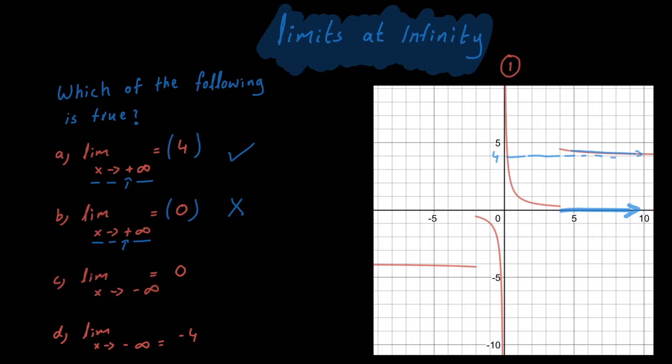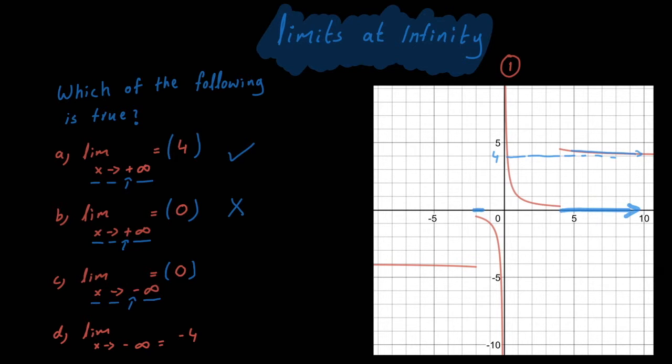Part C, limit as x approaches a very large number from the negative side. So negative values of x, -100, -1000, -1 trillion, is the value of y approaching 0? So let's see.